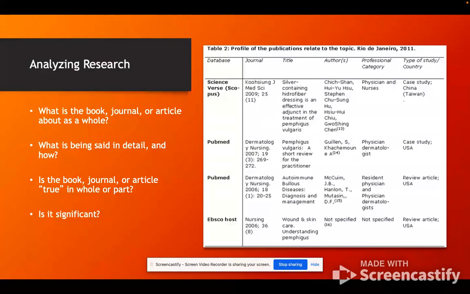Is there any significance of the research of the article or the book that you're looking at? Is there any way to use that information to help improve patient care? Because when you're doing this research, a lot of times you're looking at a specific problem and asking, how can I make this better? Is there any way that I can use this information to improve this patient healthcare problem?